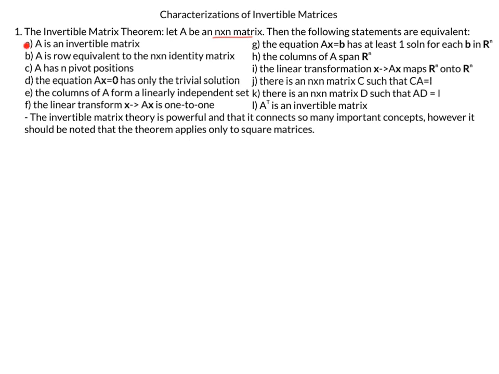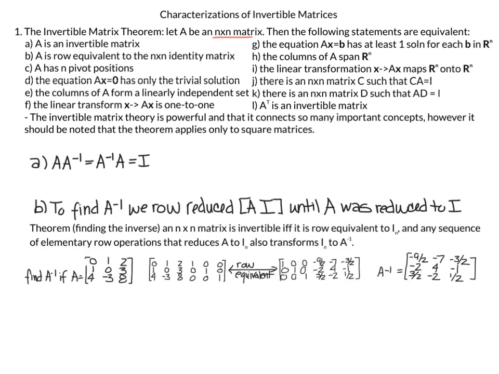So the first statement is A is an invertible matrix. The second statement is A is row equivalent to the identity matrix. What I'm going to say next is not a proof of anything, but it is something to give you some intuition.